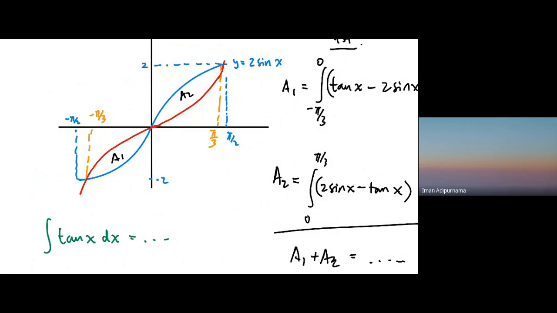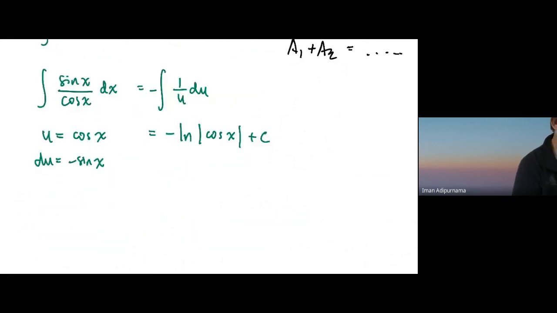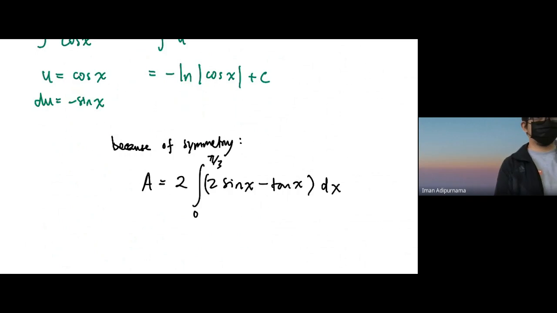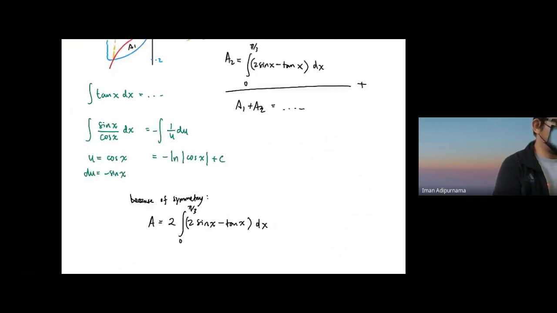So you can write down that because of the symmetry, you can have the area is 2, and if you check the result, this should be the same result.